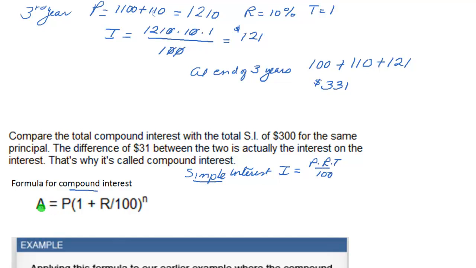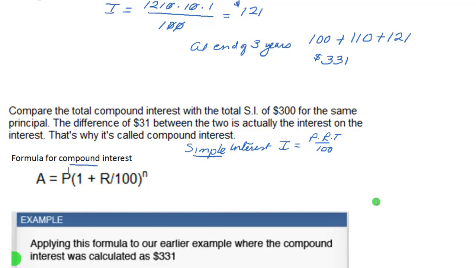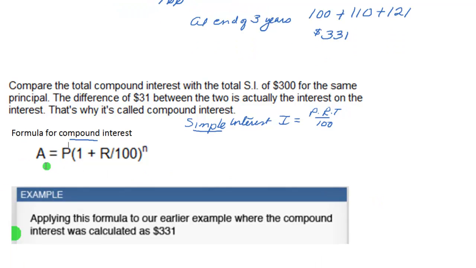Compound interest is the amount equals the principal times 1 plus the rate divided by 100, to the n. Okay, and n is the number of compoundings that you're going to have. So this gives you the amount left in the bank after you compound. Okay, this would be the way for us to calculate our 331.